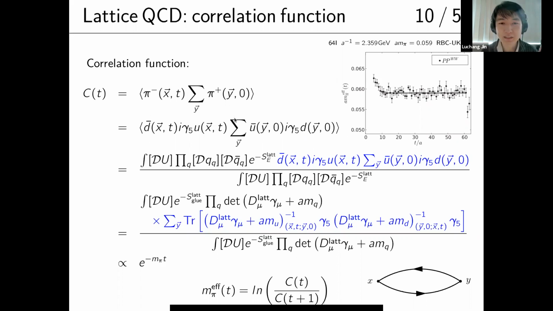But since the pion is the lightest particle, if we work in Euclidean space-time and separate the pion source and sink operators in time by a long enough distance, then the pion intermediate states will contribute the most. Once we calculate the time dependence of the correlation functions, we will be able to, for example, extract the pion mass.